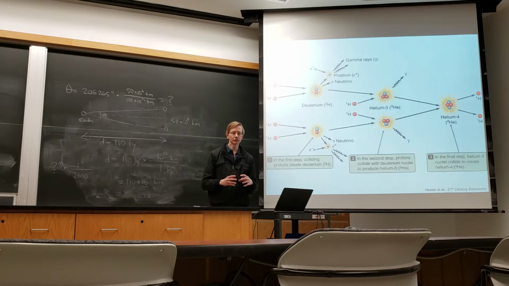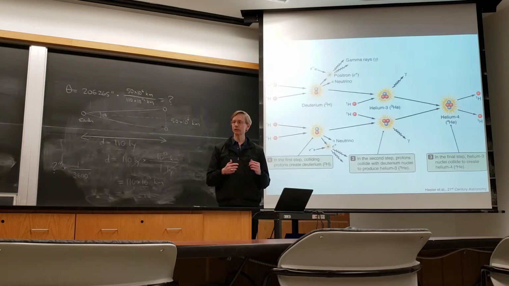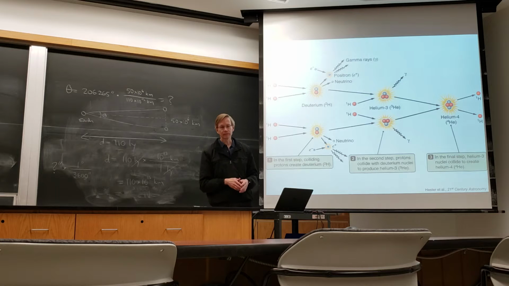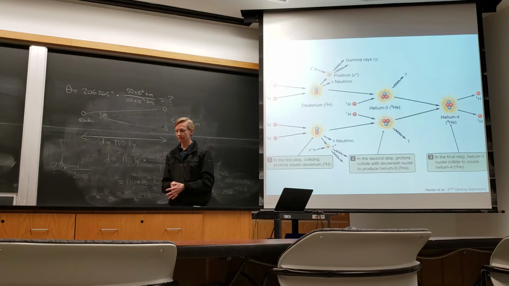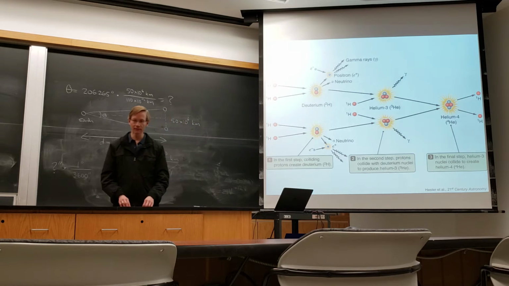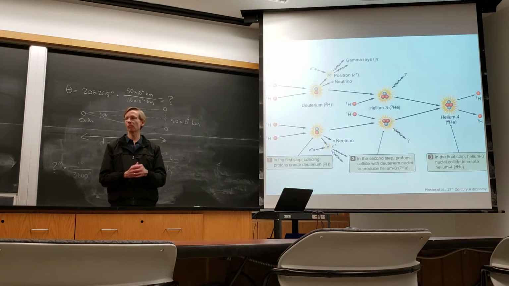The strong nuclear force, by contrast, is an attractive force between nuclear particles, between protons for one another, between neutrons for one another. But it only acts at close range. The two particles have to be nearly on top of one another to feel the strong nuclear force. And so you can think of neutrons as being kind of a glue that holds a nucleus together, because the protons in the nucleus repel one another electrically.